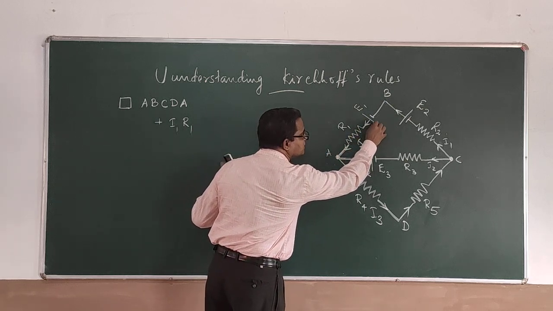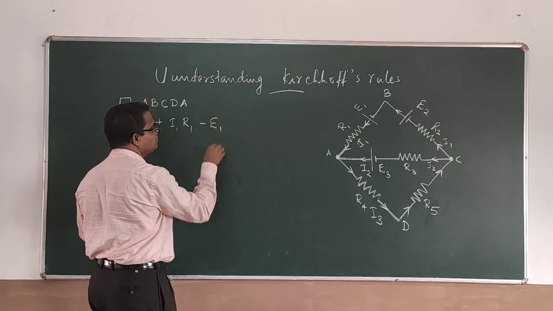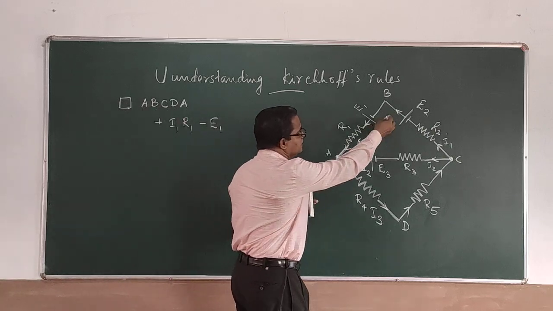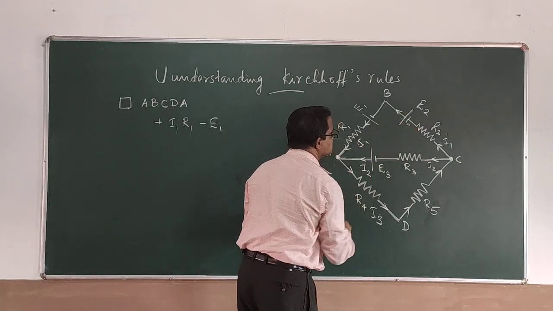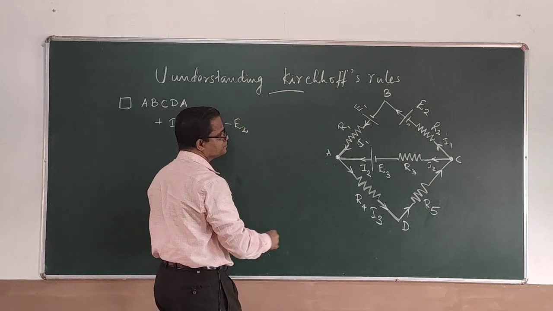Crossing the cell from positive to negative, minus E1. Crossing the cell from positive to negative, minus E2.